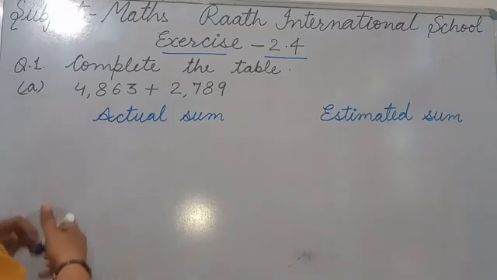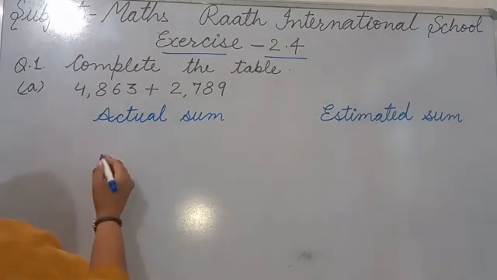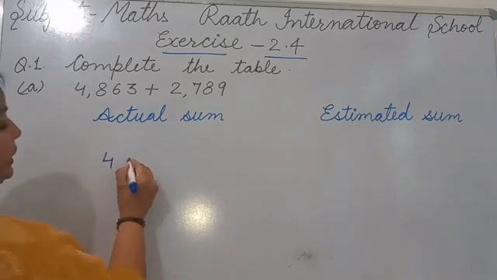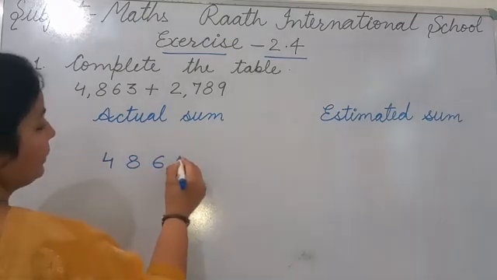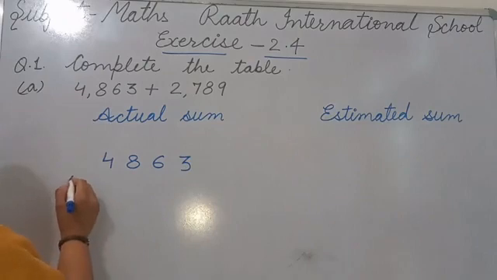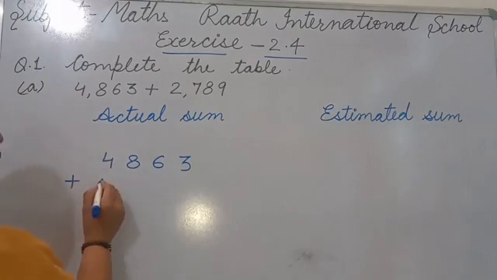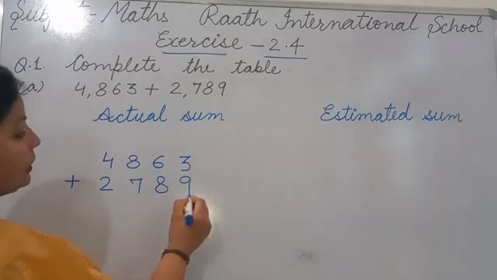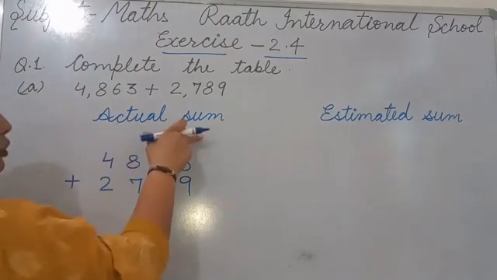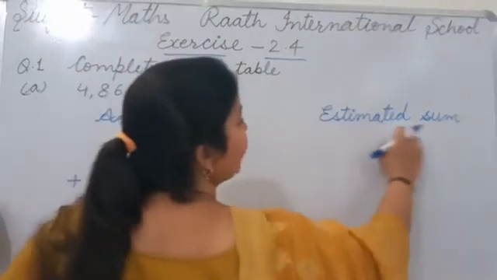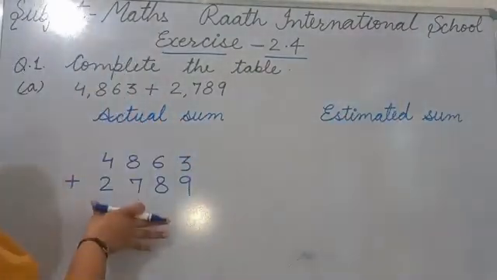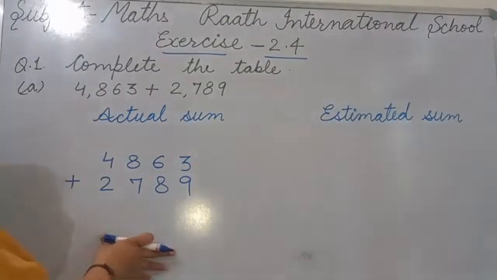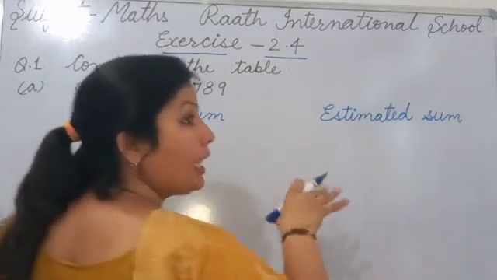So firstly we write 4863 plus 2789. Here you will write actual sum on the upper side and here you will write estimated sum. Here we add and find the actual sum, and here we add and find the estimated sum.